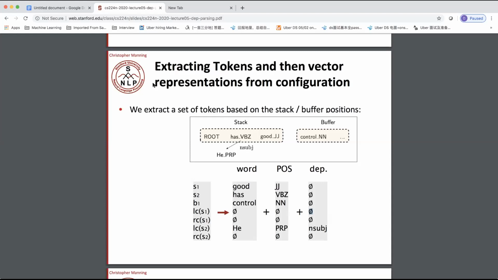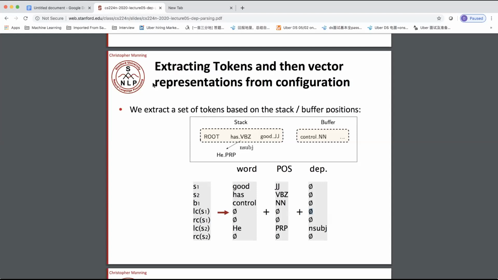And do has and good have any relationship right here? First of all, S1 is good, right? S1 is not has. You can go from has to control, then control to good, but there's no direct dependency relationship between has and good.